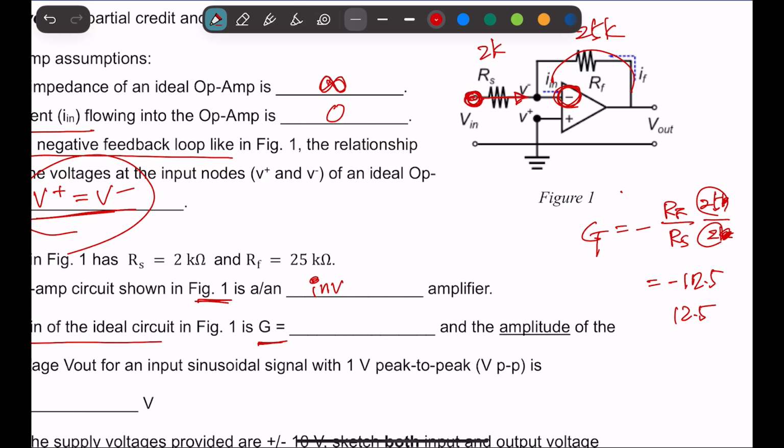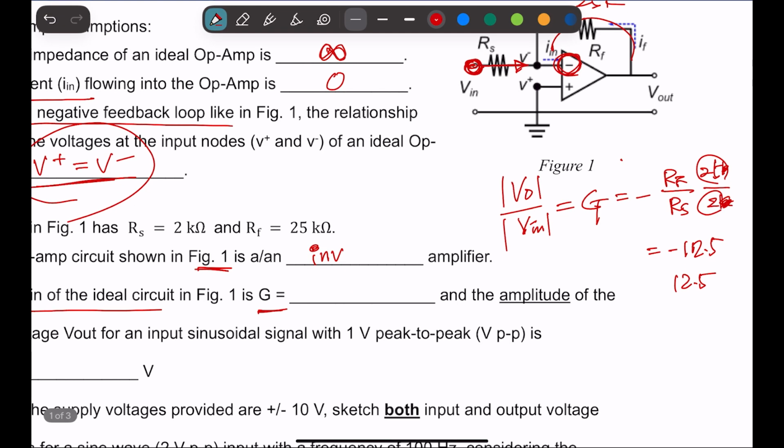The meaning of this gain is V out over V in, actually the magnitude ratio. So the V out over V in ratio is 12.5.